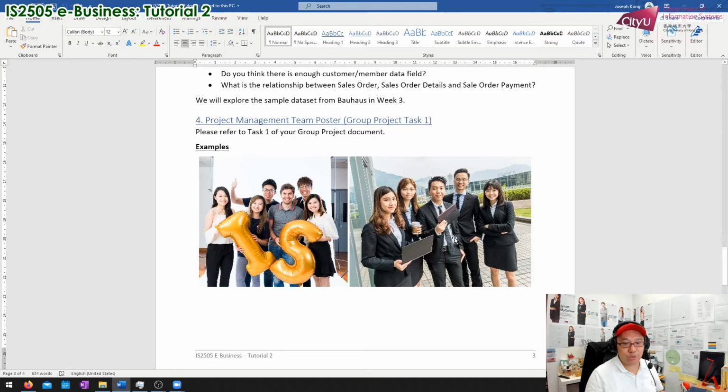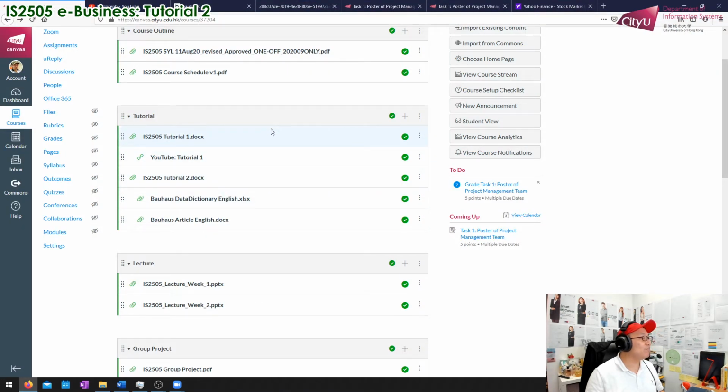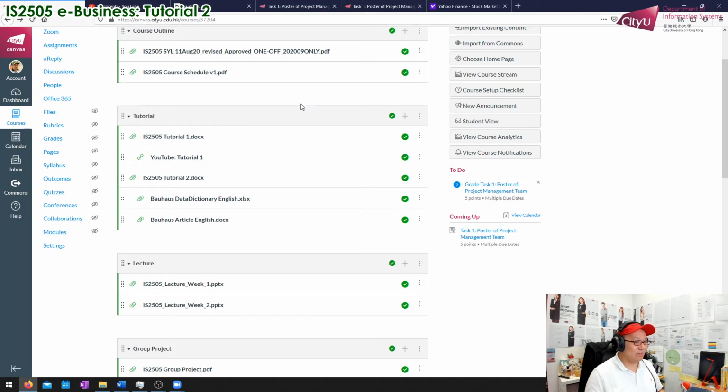You can go the professional way, but I think because of the pandemic, it is very difficult for you to come to the campus and then take a group photo like this. That's why I decide to show you something that your seniors have. Now in case you already have some group, now in case you don't have a group mate, you can continue to look for one in this tutorial, where I'll give you several more minutes to use this group chat.